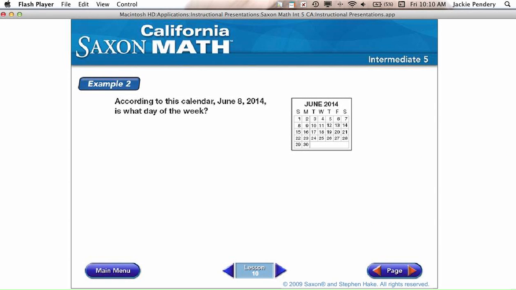Example 2, according to this calendar, June 8th, 2014 is what day of the week? So here's our calendar. We start with Sunday, Monday, Tuesday, Wednesday, Thursday, Friday, Saturday. We look for the 8th. Here it is. We go straight up and we know that it is a Sunday.